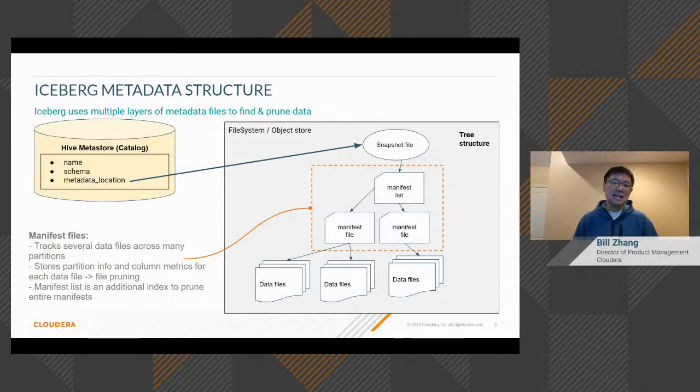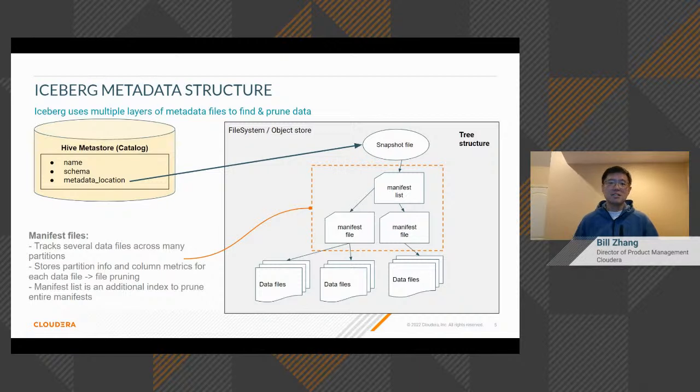As mentioned, a snapshot has one manifest list. One manifest list can point to multiple manifests, and one manifest can point to multiple data files. There's also a lightweight usage of a metastore in which a metadata location pointer is stored, always pointing to the location of the latest snapshot.